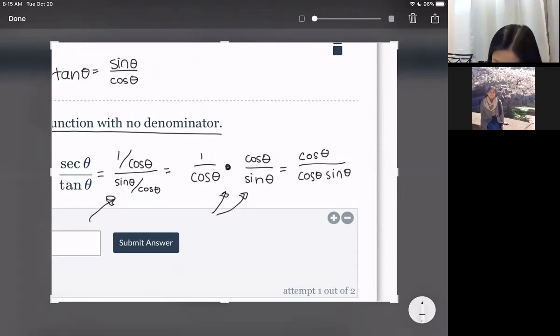And then we can cancel stuff out, which leaves us with 1 over sine. Finally, from our reciprocal identities, we know that 1 over sine is cosecant. And so we have gotten a single trig function without a denominator, cosecant. Any questions on this one?